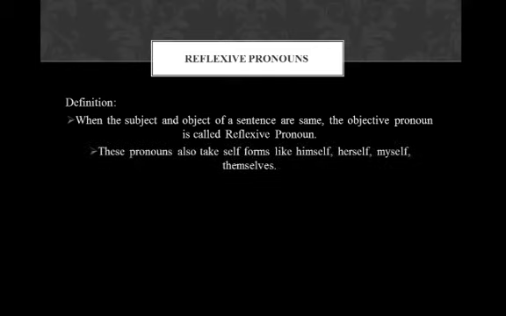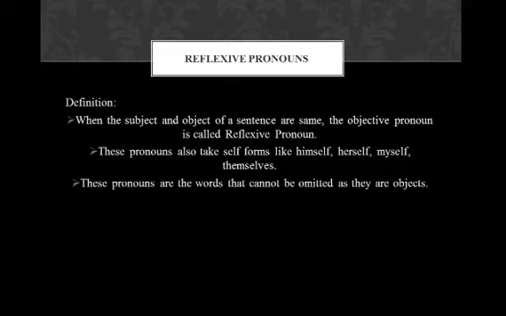The other difference between emphatic pronoun and reflexive pronoun is the place of these pronouns in the statement. When we discuss the emphatic pronoun, we use the self form after the subject. But in reflexive pronouns, we use the self form after the verb as their object. They are used in the place of an object.